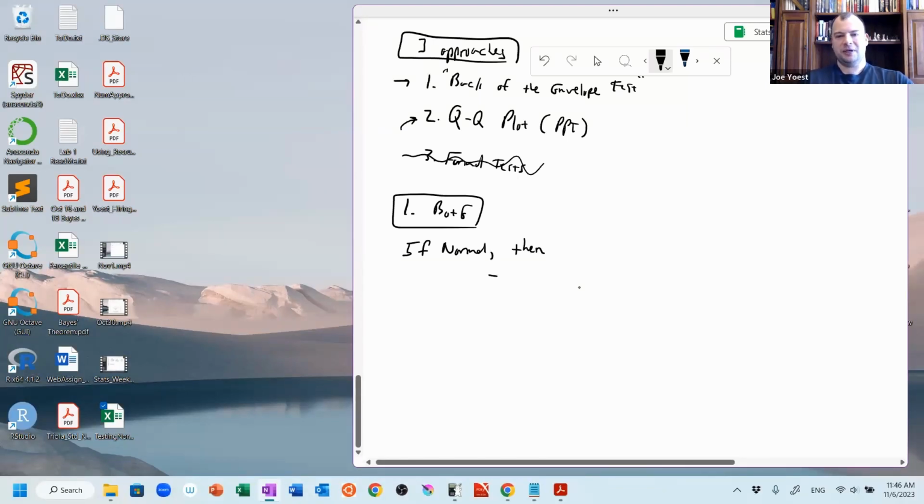What were our three characteristics of a normal distribution? I expect it to be symmetric. I expect it to tail off to the sides. And I expect it to basically look bell-shaped.